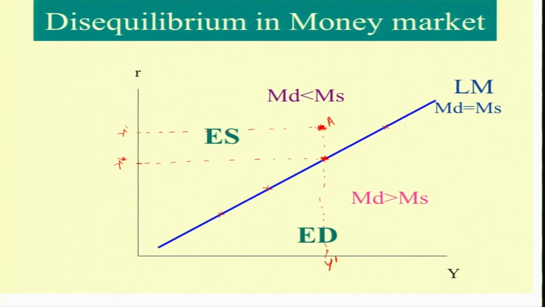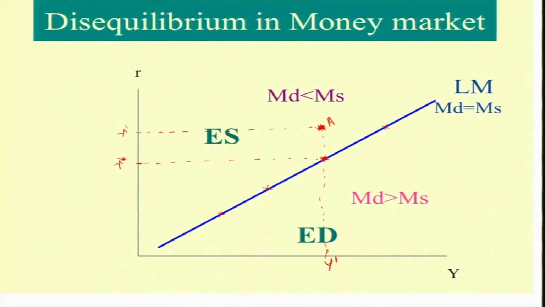But what you can see here is that the rate of interest is R1, that is above the equilibrium rate of interest. That means the rate of interest is relatively high, and we have seen that when the rate of interest is relatively high, the opportunity cost of holding money, or demanding money, is very high, right? Because when the market is providing a high rate of interest, there is no point in keeping more money for transaction purposes.